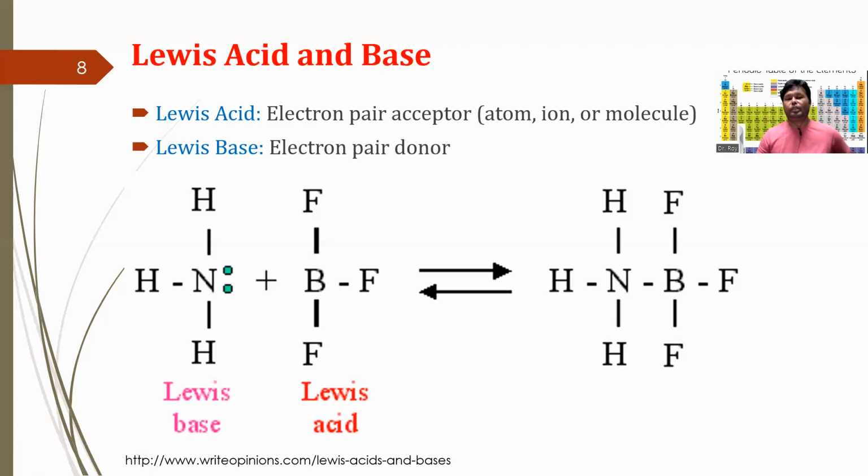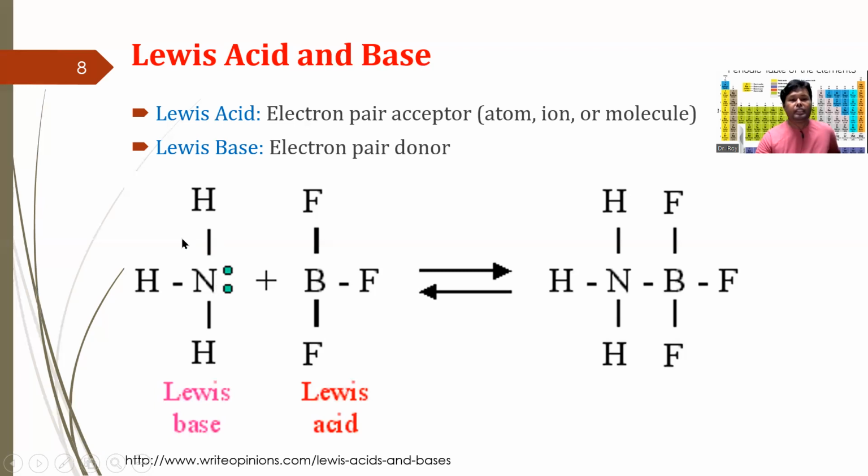But in boron trifluoride, each fluorine has 8, but the boron does not have 8 electrons. It has only 6. If it can gain one pair of electrons from someone else, it can fulfill the octet rule and become more stable. So this boron is accepting the lone pair of electrons from ammonia.